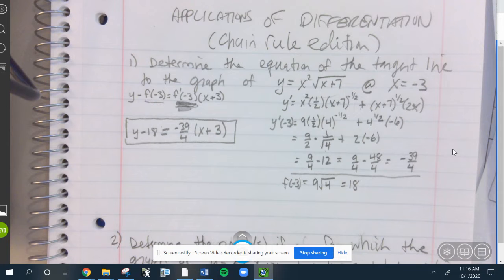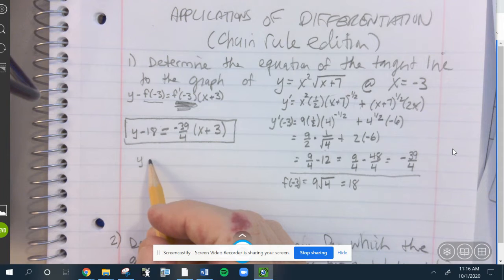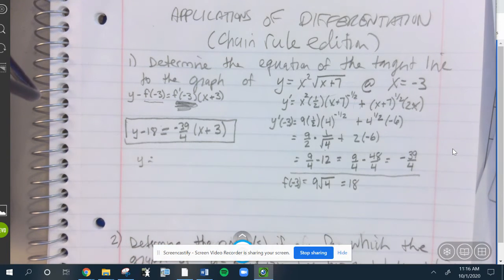Now, to check this one, we're going to use a graphing calculator. I'm going to do some calculations to change it into y equals mx plus b form. And by the way, here's a good thing with the check. The calculator is going to give this to us in decimal form. So negative 39 over 4 is negative 9.75.